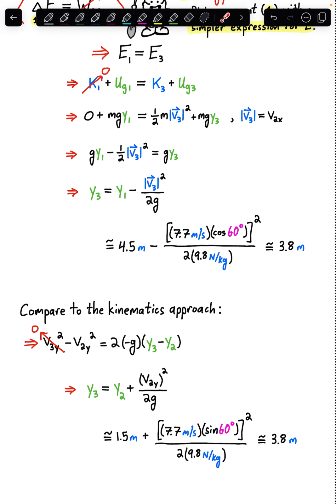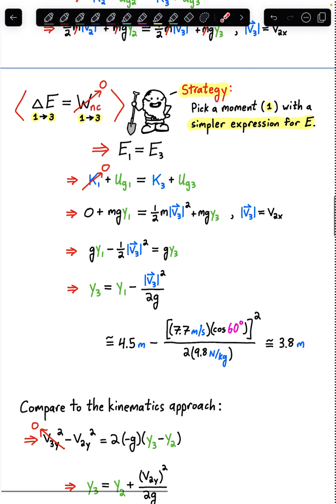And I would say that these two approaches require an equal amount of effort. They're comparable to each other, at least. The energy-based approach is not easier than kinematics. It's similar. That is, if we're strategic about it and pick convenient moments to work with.